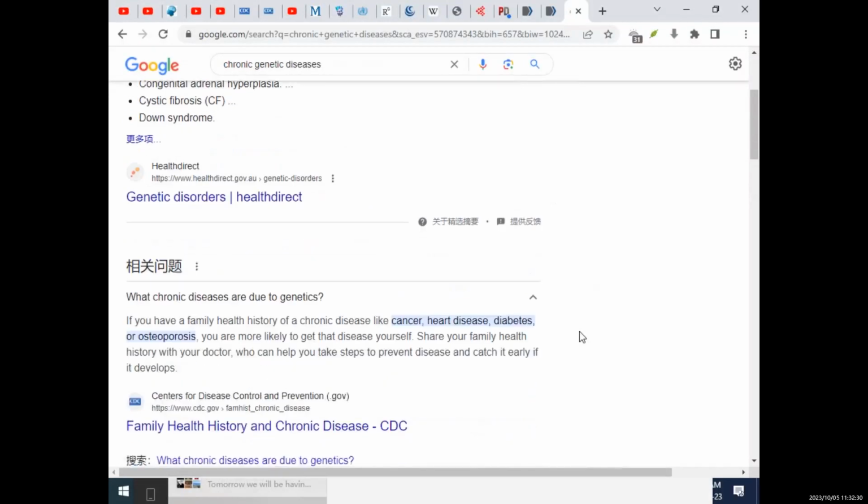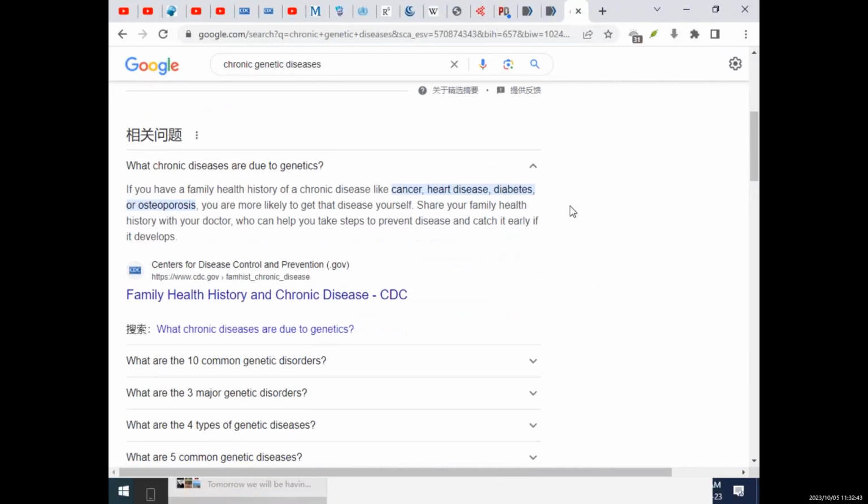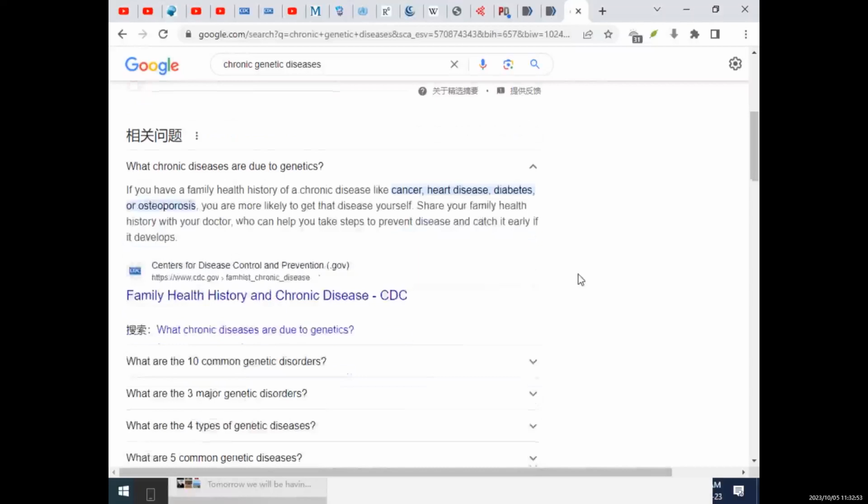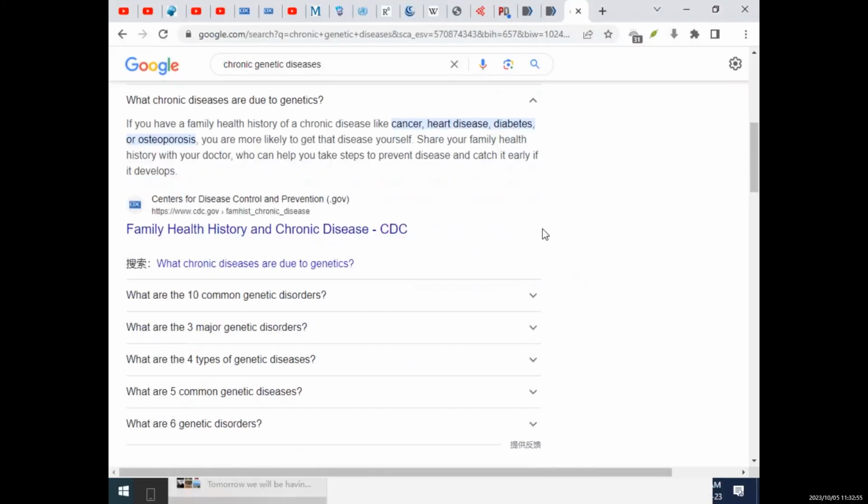Chronic disease. Yes, basically the genetic disorder causes that chronic disease, right? One category. Yes, I get it. They have 1, 2, 3, 4 categories. I get the point of view, and I even see diabetes and all the others.